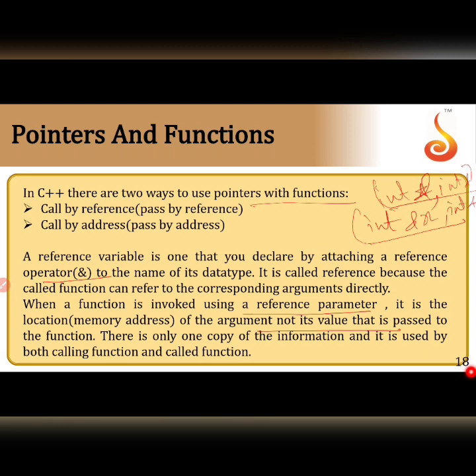So by value, what happened is before the function call and after the function call the values remained the same, only in the function it changed the values. So it means that whatever changes you make in the called function will not be reflected in the calling function because a copy of it is made, not the original address.